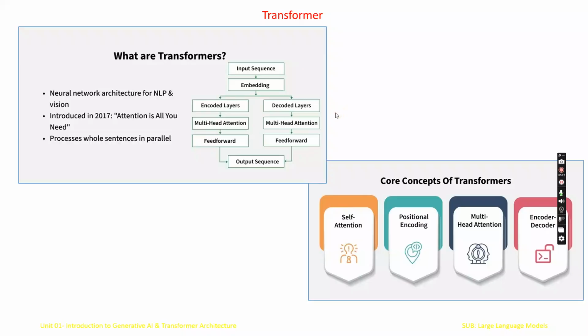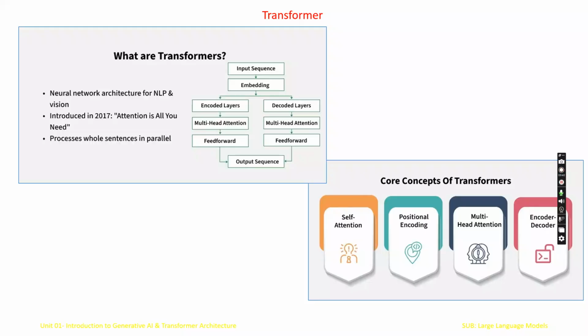Before transformers, natural language processing mainly used recurrent neural networks, or RNNs, and long short-term memory networks, known as LSTMs. In the previous lecture, we discussed all these things. These models process text sequentially.